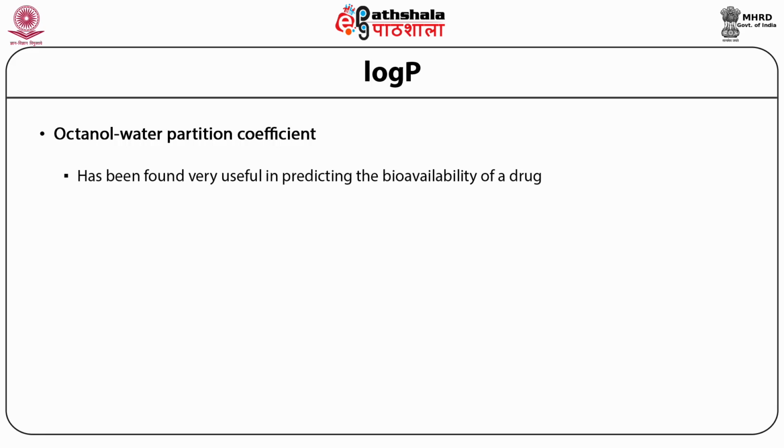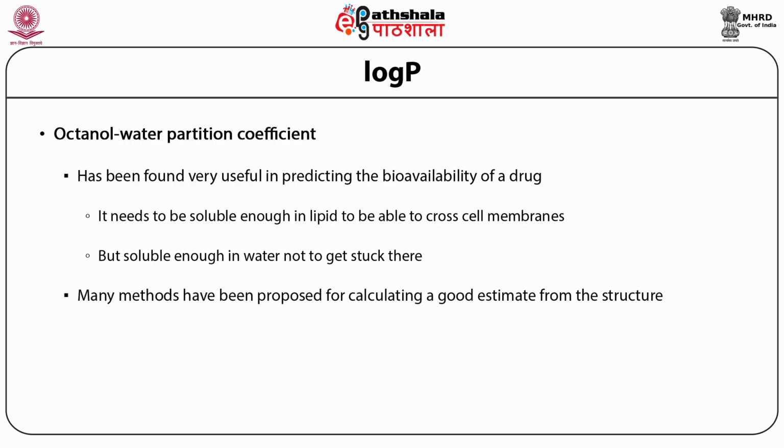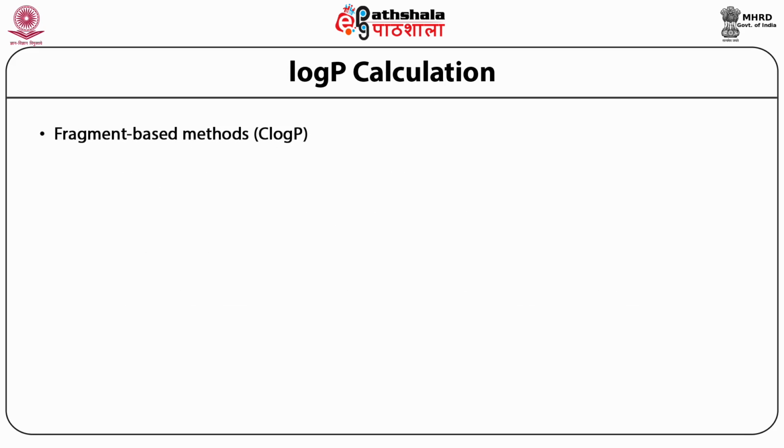This value has been found very useful for predicting bioavailability of a drug, and how much of the compound should go to the lipid, in the lipid to be able to cross the cell membrane, and how much is soluble. These two can be estimated by logP values. Many methods have been used, and I will show you a few calculations in the next few slides based on many of the structures, which has been done by Corwin Hansch and A. Leo, one of the first pioneers in this field, from Pomona College.